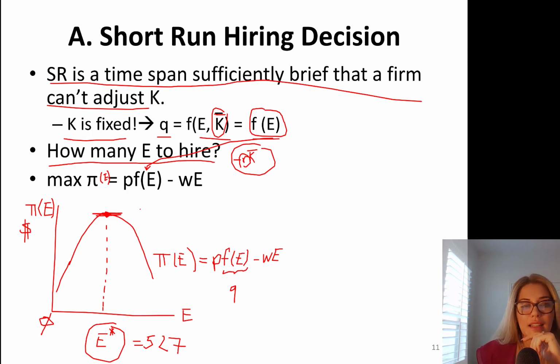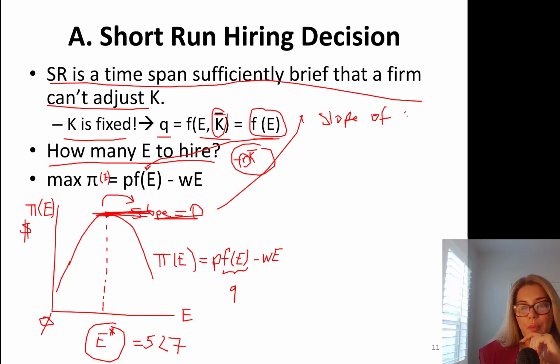Here's the thing. At this point, what is the slope equal to? The slope at the maximum point is equal to 0. Okay? So if I find the slope of the profit function, you better make it equal to 0.